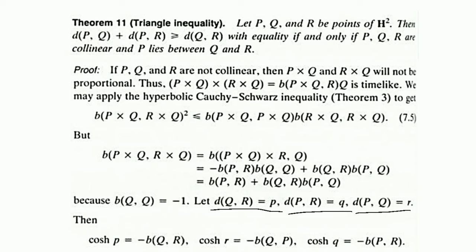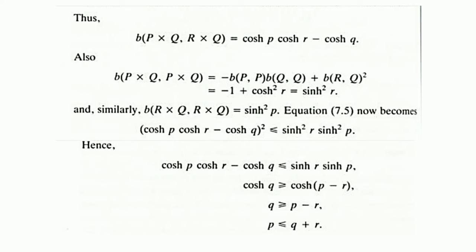So let us use gamma, which is cosh T. Then cosh P is equal to negative B QR, cosh R equals negative B QP, and cosh Q equals negative B PR. Thus, we just substitute what we got earlier in P, Q, and R. So B of P cross Q, R cross Q is equal to cosh P times cosh R minus cosh Q.